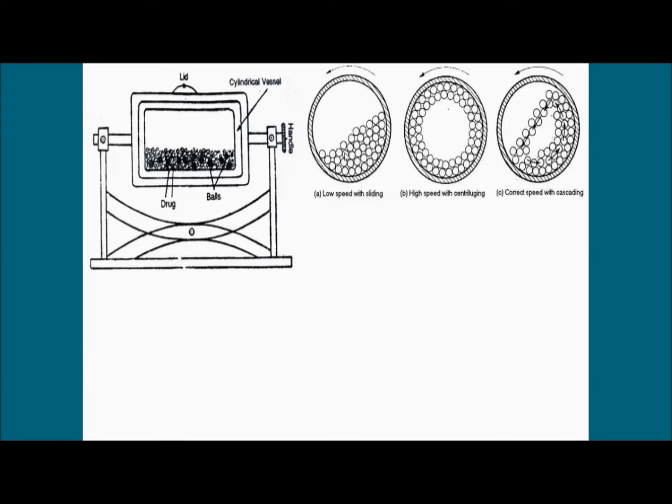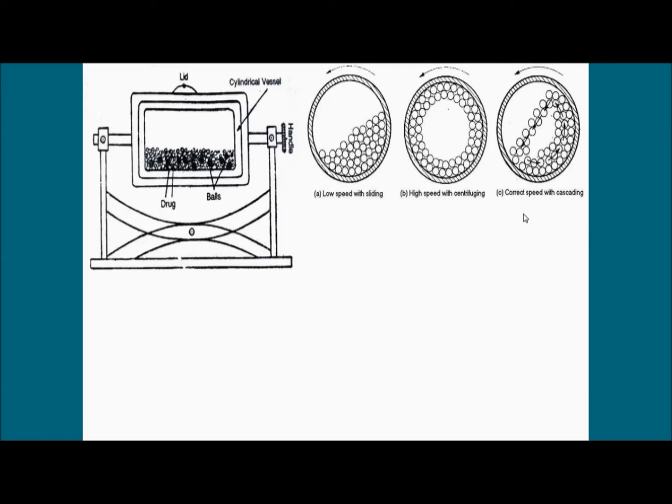Now you see, within this cylinder there are balls or pebbles, right? At low speed, the balls will slide like this. At high speed, they will generally centrifuge, and the process of milling is reduced because of the centrifuging.